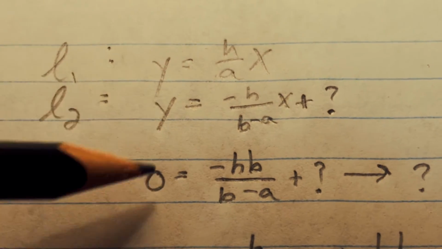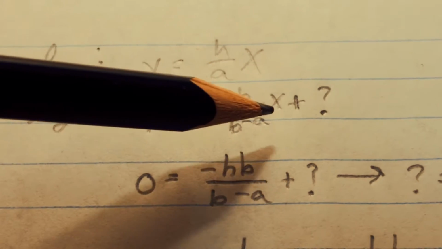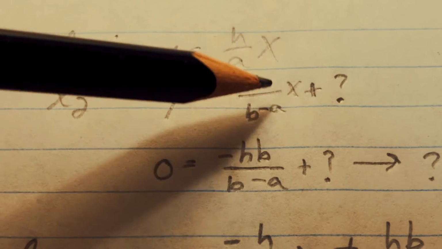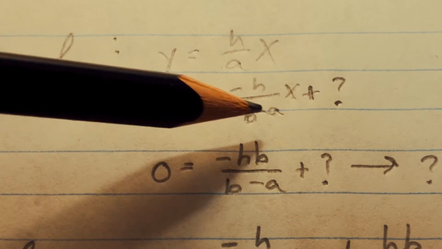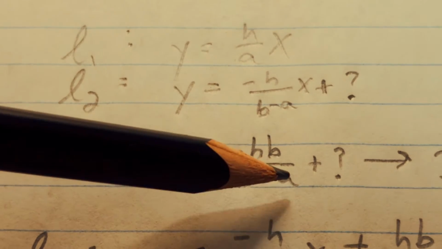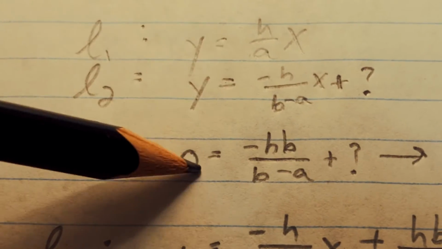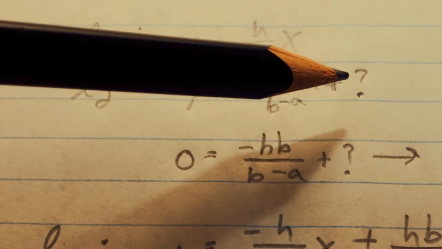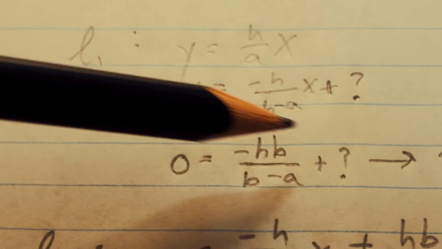My y value is 0. My x value is B. Negative Hx over B minus A becomes negative HB over B minus A. Y becomes 0. What's the mysterious y-intercept now?